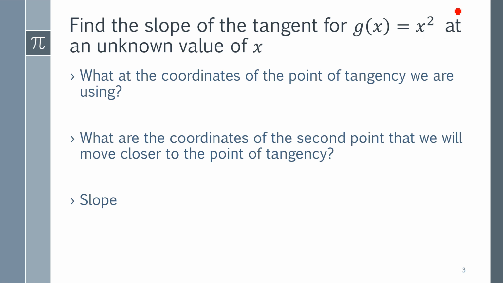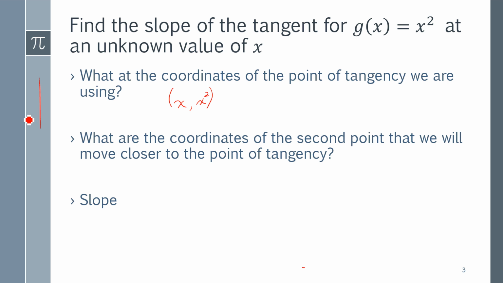the whole idea of it is that I have, let's say I want to find the slope for a tangent for the function g of x equals x squared at some unknown value of x. Well, to do this, I do need a point of tangency. Well, since I don't know the x coordinate, I'm going to keep it x. But then the y coordinate has to be on my function, so the y coordinate is going to be x squared.